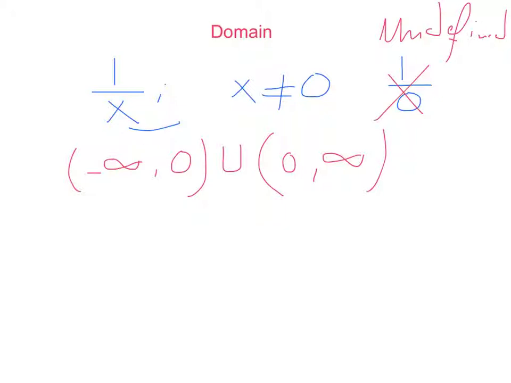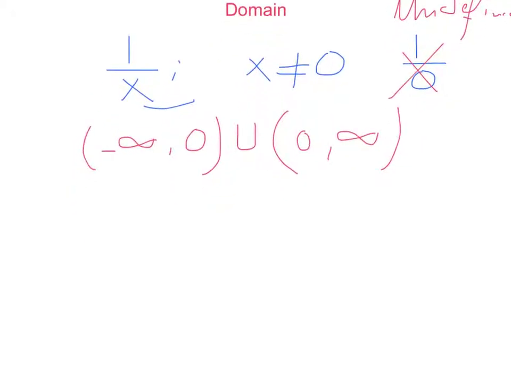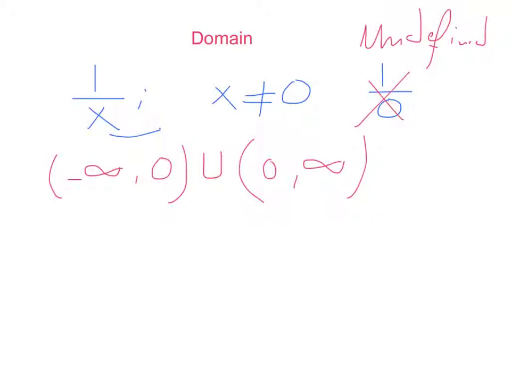Sometimes we have the square root of x. The domain of the square root consists only of numbers greater than or equal to 0.